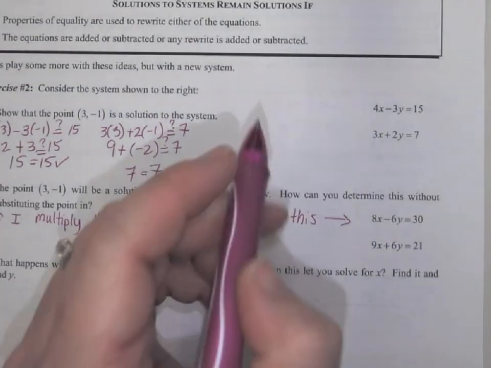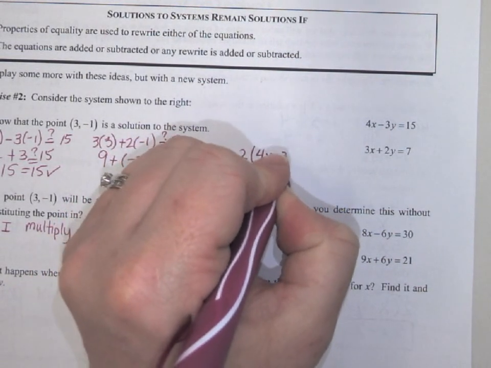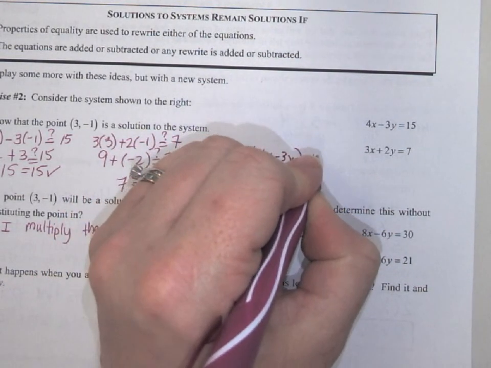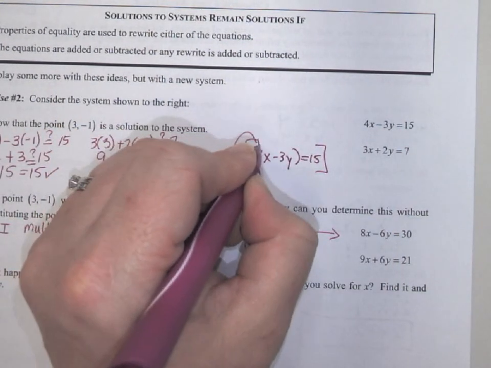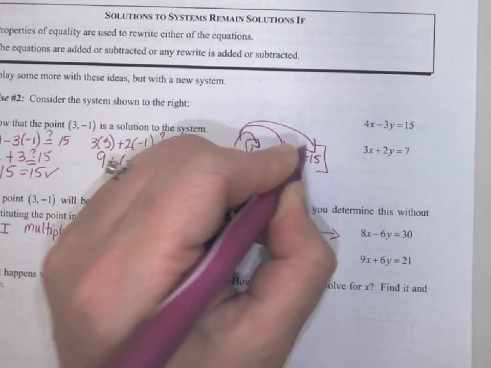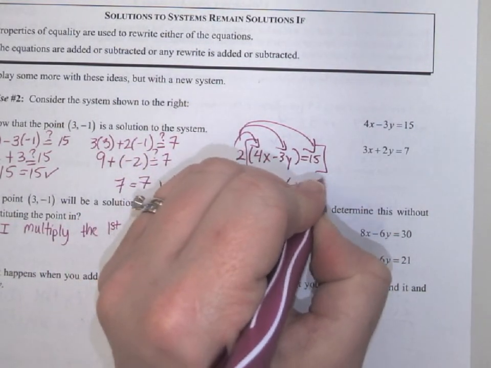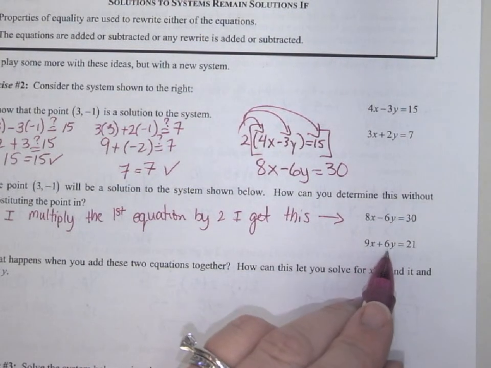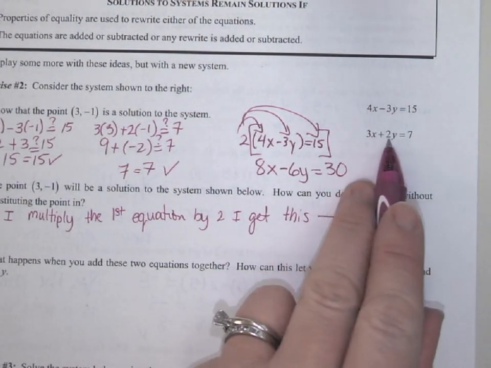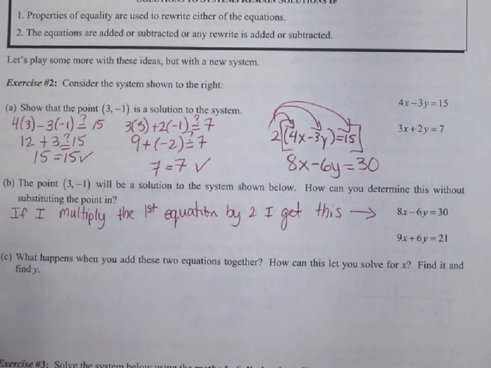And I'll show that right here because I have a little extra room. So if I multiply by 2, distribute to all of them, I get 8x minus 6y equals 30. This equation, 9x plus 6y equals 21, was obtained by multiplying the second equation by 3.